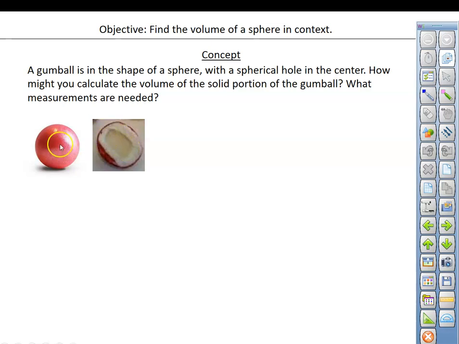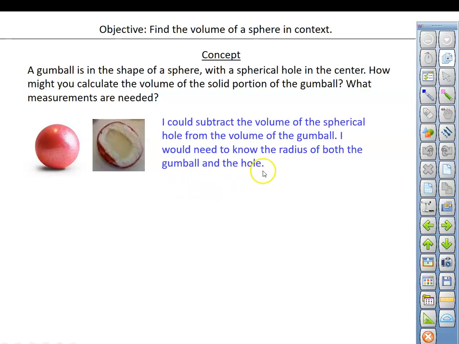The radius of each is going to be different because the hole will be smaller on the inside than the gumball itself. So we will need to know the radius of both the gumball and the hole, and then we can subtract the volume of the hole from the volume of the gumball, and the solid part of the gumball would be what we have left in the math.